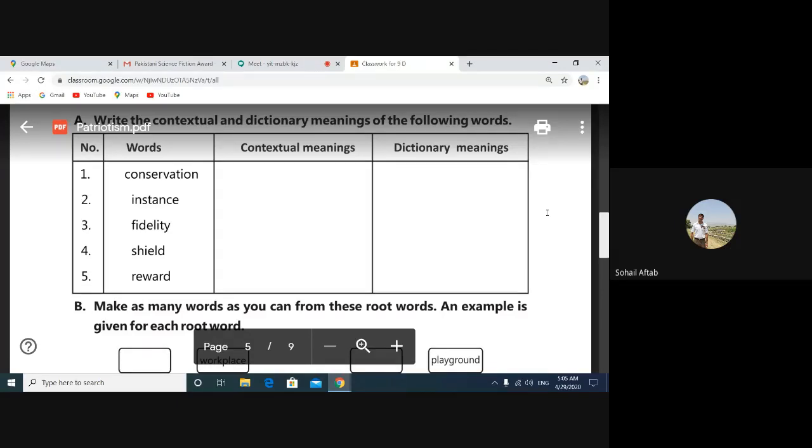You can take water, okay? If you conserve water, it means that you avoid wasting it, or you devise ways which help you to save water.